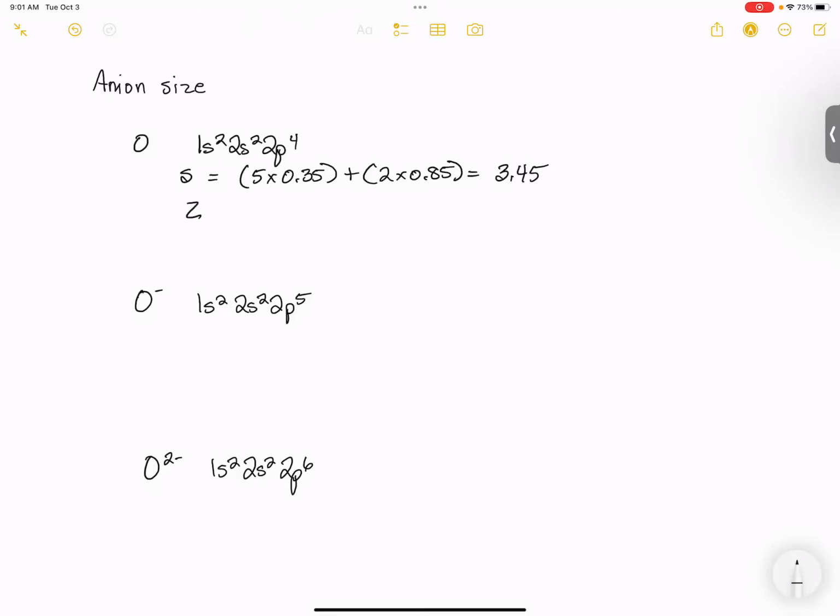So my Z effective is going to equal 8 minus 3.45, which is 4.55.